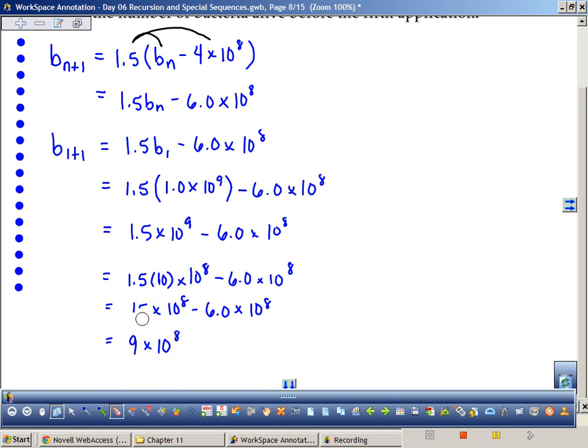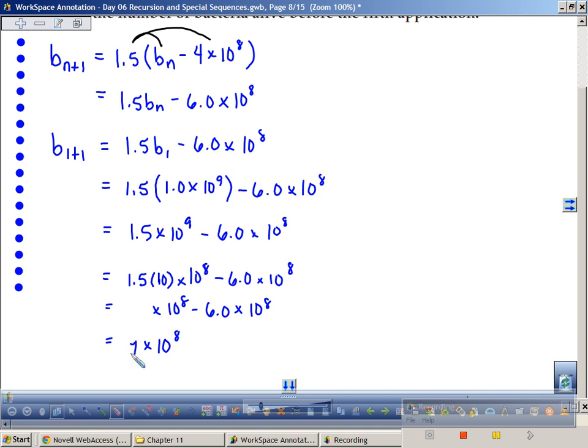This should have a 0 behind it to be proper. Does everybody see that 15 10 to the 8th minus 6 10 to the 8th is 9 10 to the 8th? Okay. There's 2.